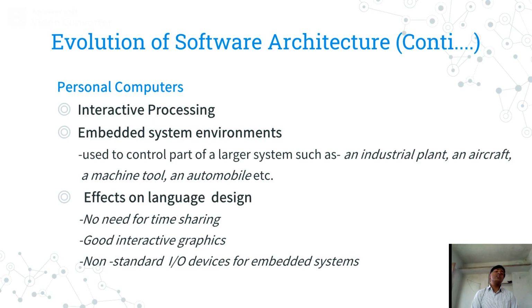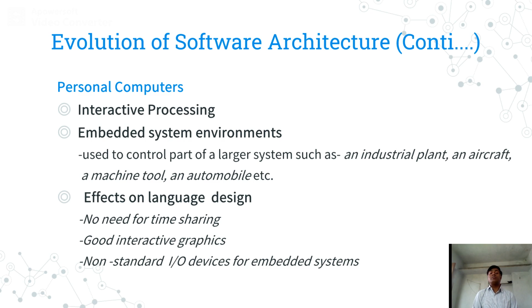Then the personal computer era comes. In the personal computer era, interactive processing is there, where, as we discussed earlier, the time sharing concept comes. Then next came the embedded system environment.